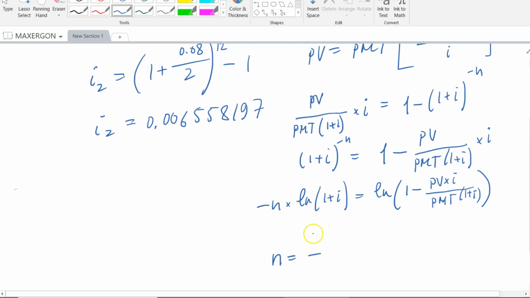So this minus will now go to the right side of the equation, and there will be a fraction involving logarithms.